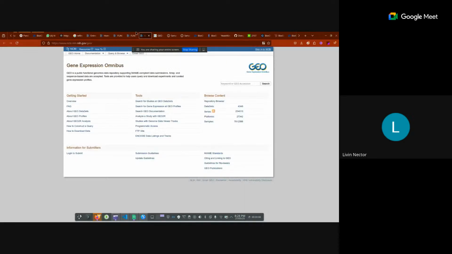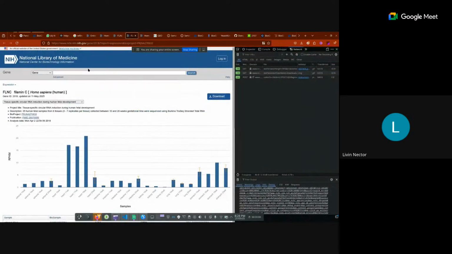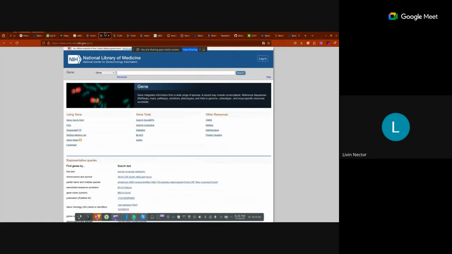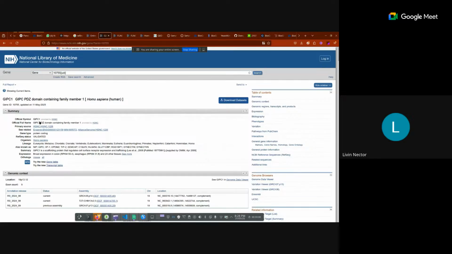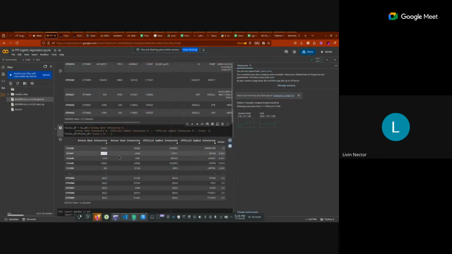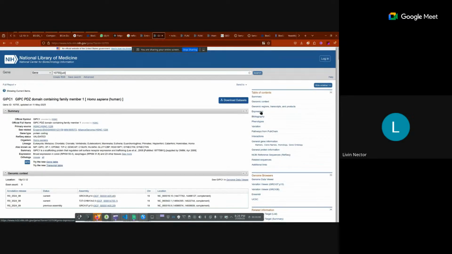This is the NCBI GEO, which is the Gene Expression Omnibus, which has all the genomes around there. Okay, so you give the ID and search. We'll get the name of the particular gene and the details about it, and here we can find the gene expression.